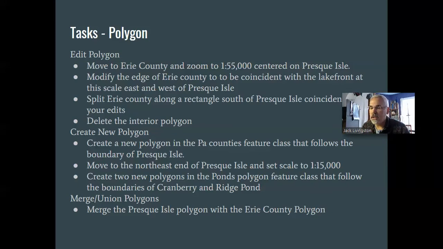We're going to be using the topographic base layer to do this. We're going to move some of the vertices to make it a little better in terms of its coincidence. Then we're going to split out a part of it, using the split tool similar to what we did in the line feature class, to cut out, in a sense, a rectangle that we're going to then recreate, and we'll do that through the delete interior polygon. So let's get started on this.